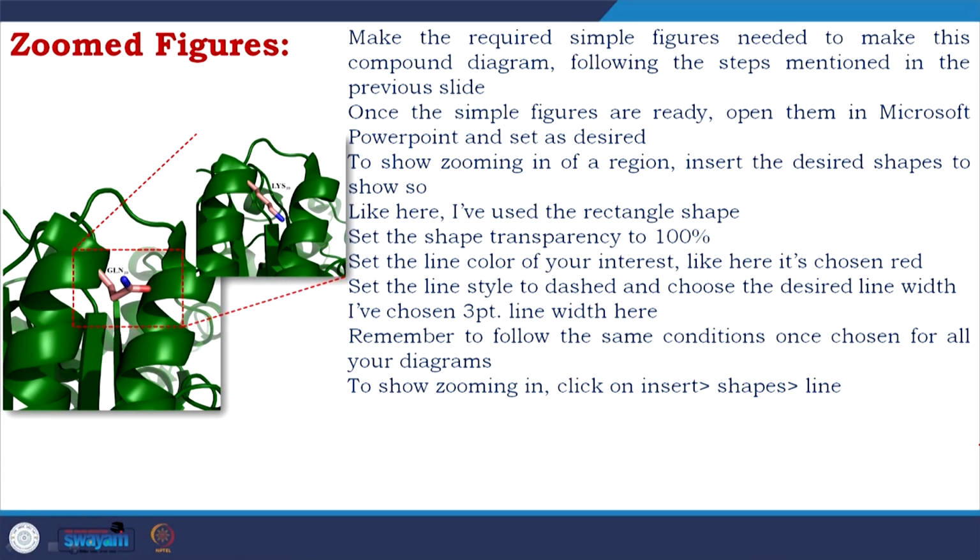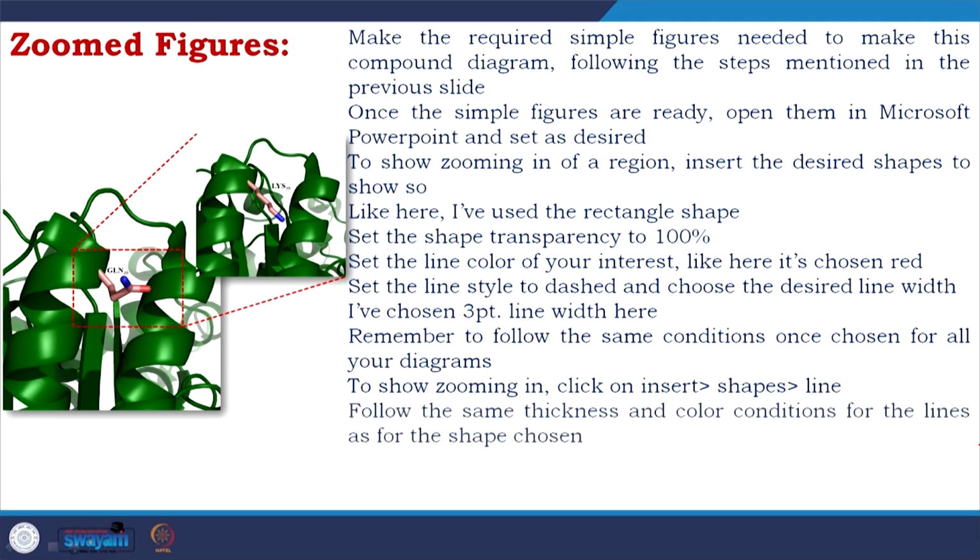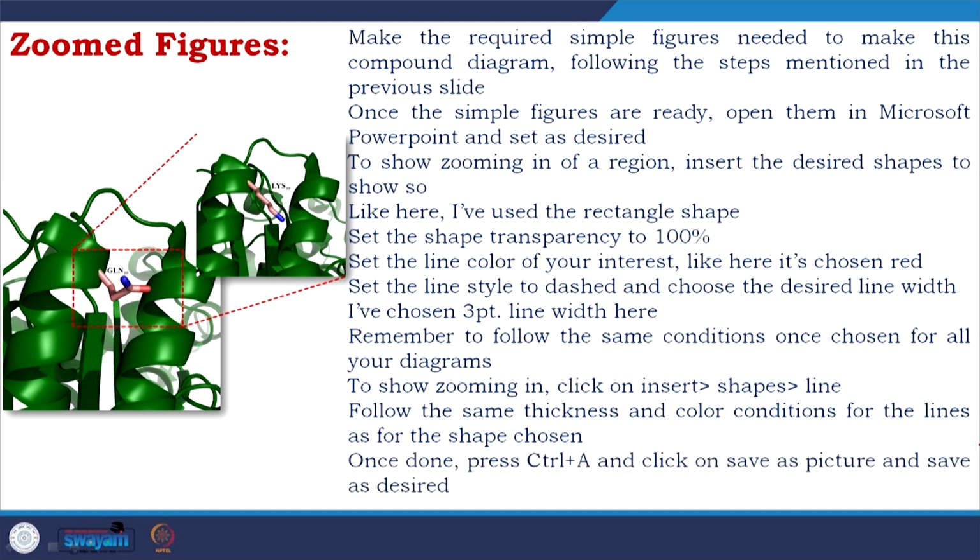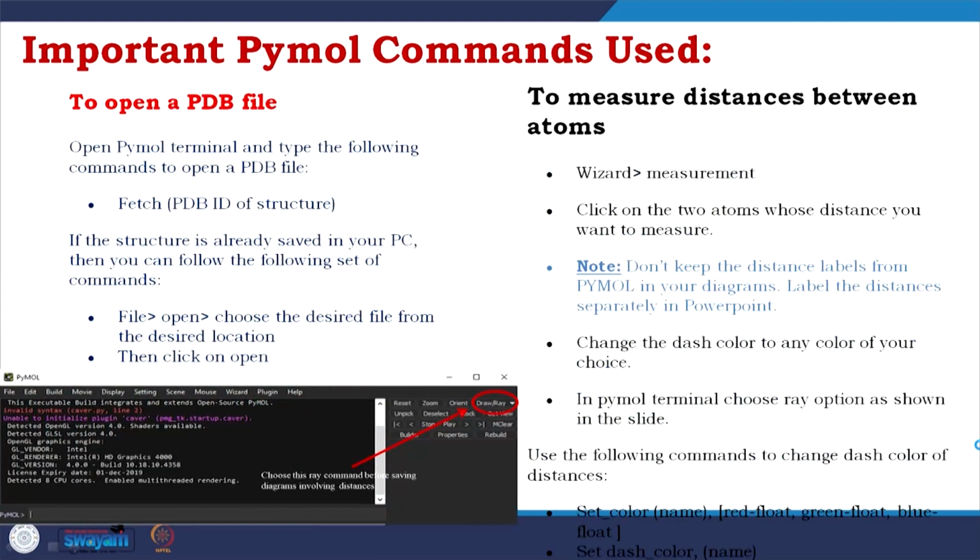When you are representing the project result, if you maintain continuity in figure making, that shows how good you are, how mature you are. To show zooming in, click on insert shapes line. Follow the same thickness and color conditions for the lines as per the shape chosen. Once done, press Ctrl A and click on save as picture and save as desired in the desired location.